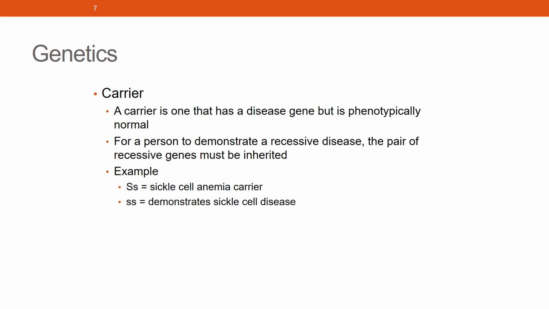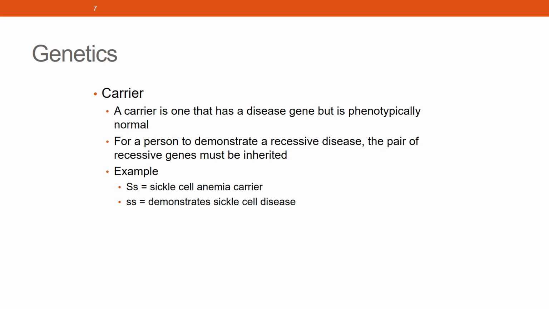So in this example, if someone is a carrier of sickle cell anemia, let's say capital S is no sickle cell trait, while lowercase s is sickle cell trait, so a patient has to have both lowercase s letters to demonstrate the sickle cell disease.